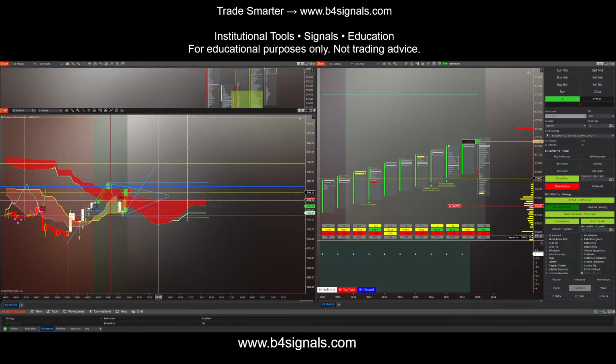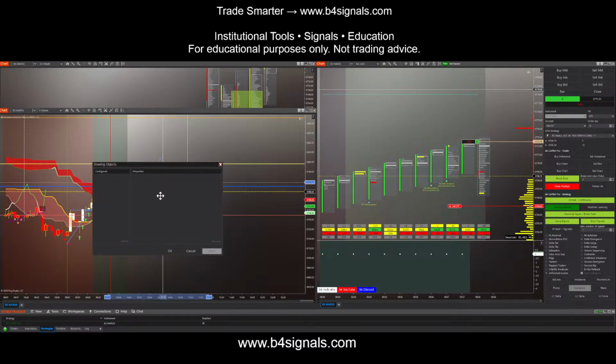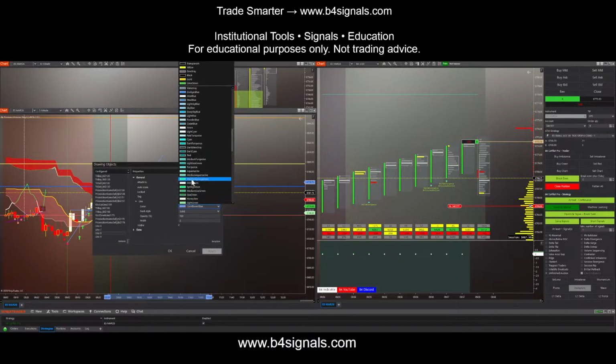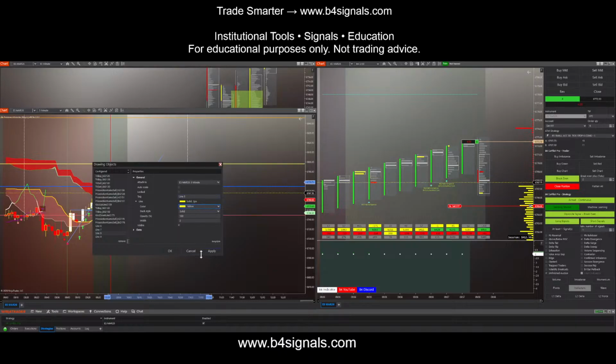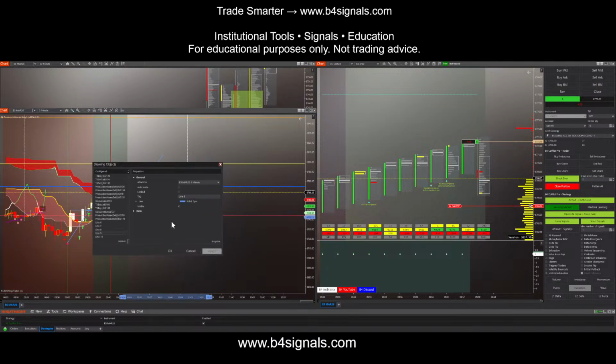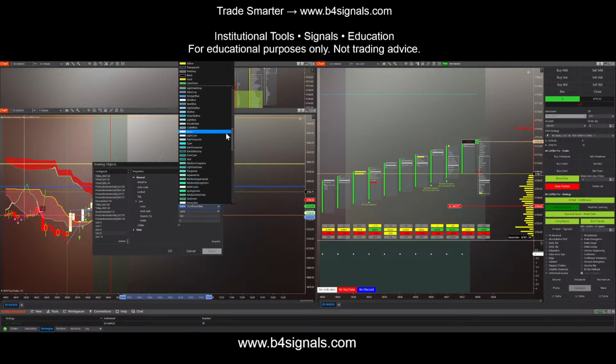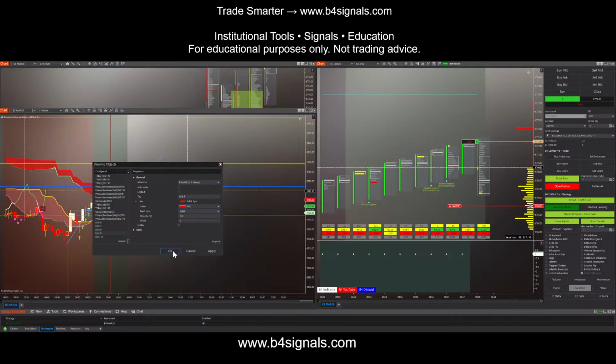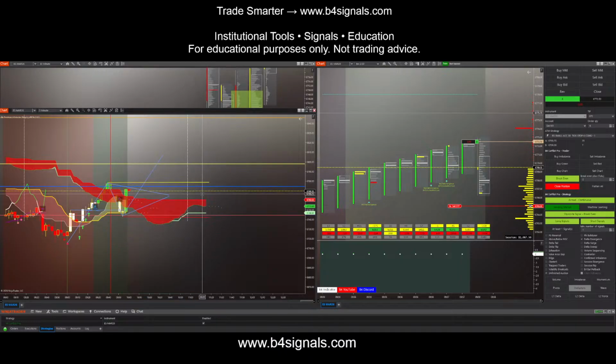We could start flagging in here, but let's make this so you can see. We'll use yellow since I have it on there. So that's bullish, and anything below that's bearish. Okay, so those are your trigger points.